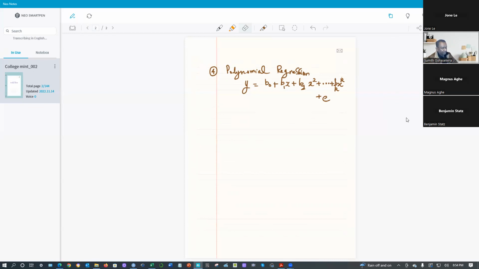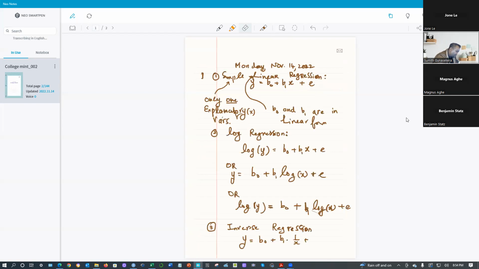So what we are doing here: the first one is like simple linear regression, Roman numeral one. Under the second one, instead of putting one variable, I'm going to throw in so many variables.